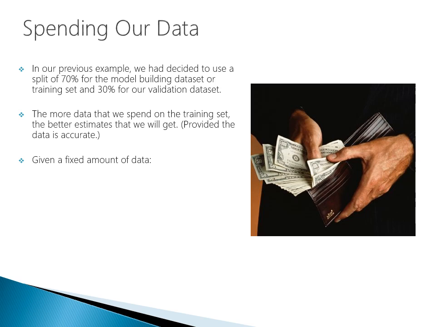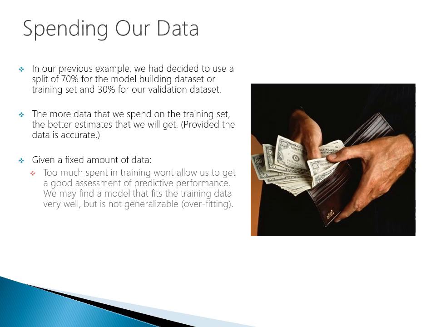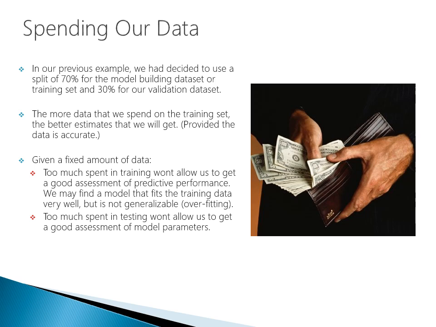Given a fixed amount of data to spend, or cash in our wallet, too much spent in training won't give us a good assessment of the predictive performance. We may find a model that fits the training data very well, but it's not generalizable, okay? And we run into the problem of overfitting. If we spend too much in testing, we can't get a good assessment of the model parameters.